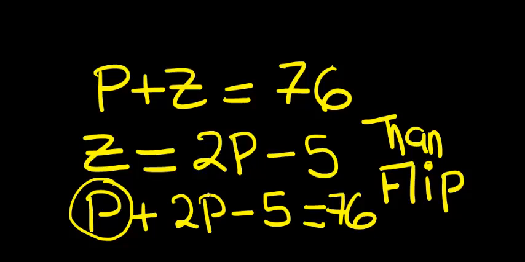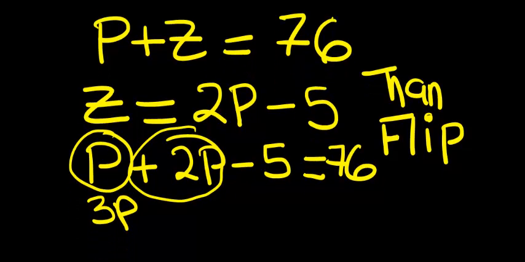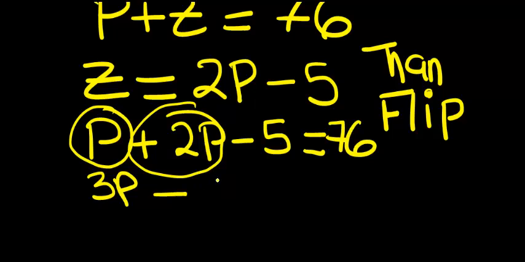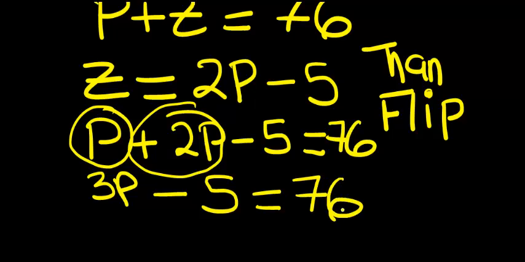So here I want to gather like terms. I have a positive 1P and a positive 2P. So that's going to give me 3P minus 5 is equal to 76. But now on the left-hand side of the equation, I have a negative 5.